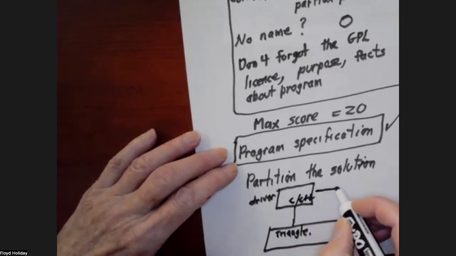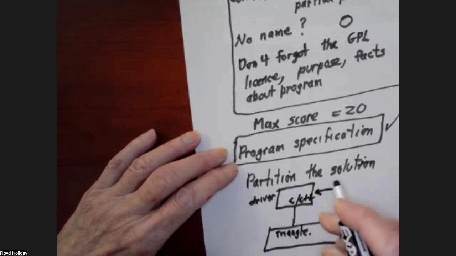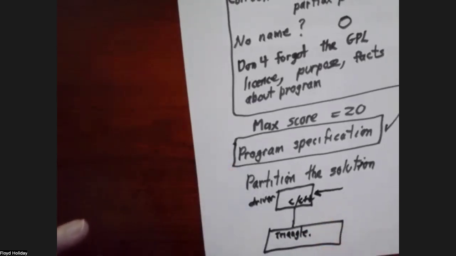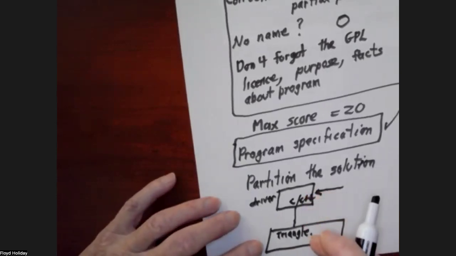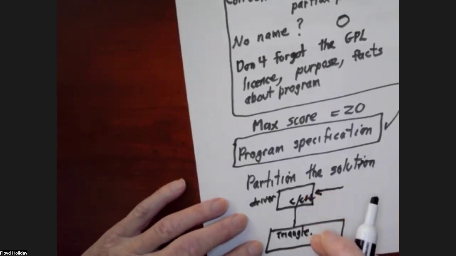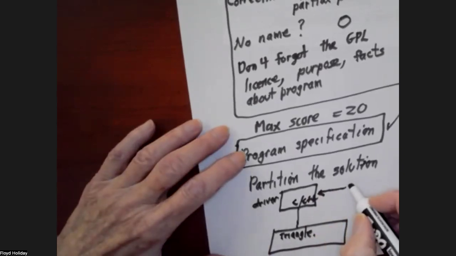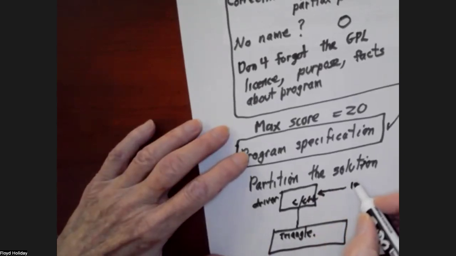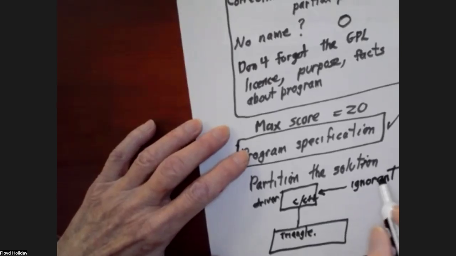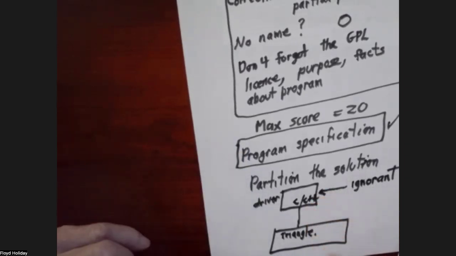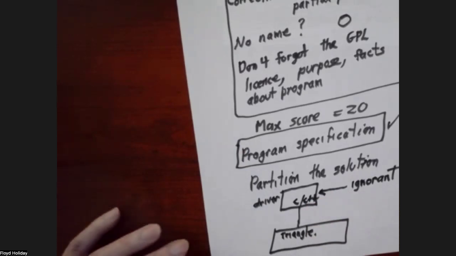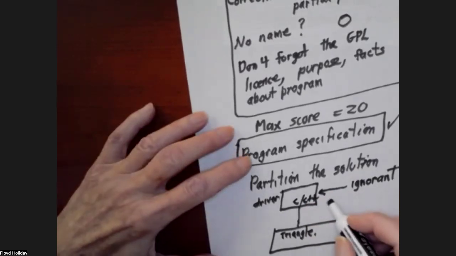This one does not know anything about the problem being solved. This one doesn't know that triangle is going to compute the length of a side. So this one has total ignorance. It doesn't know that there's triangle angles and sides being computed.